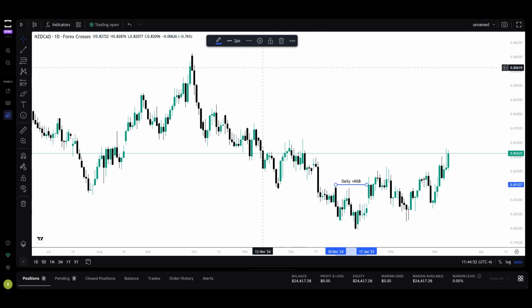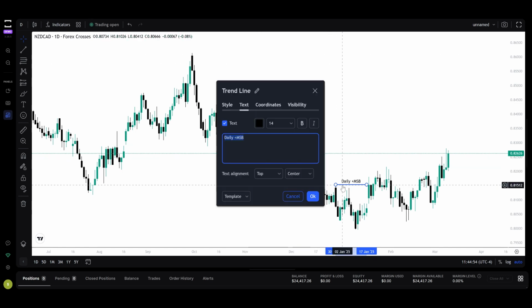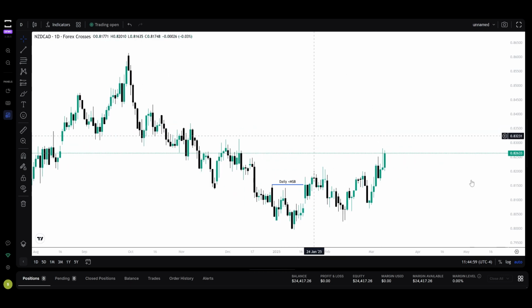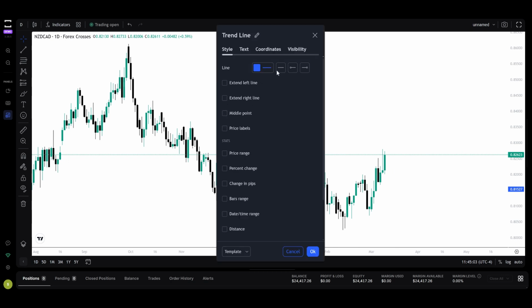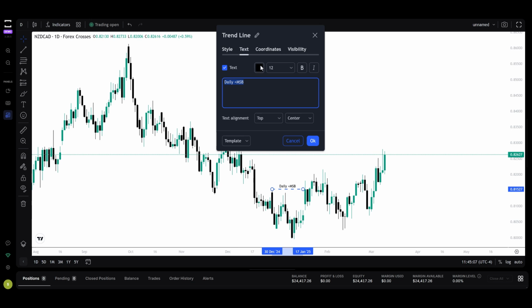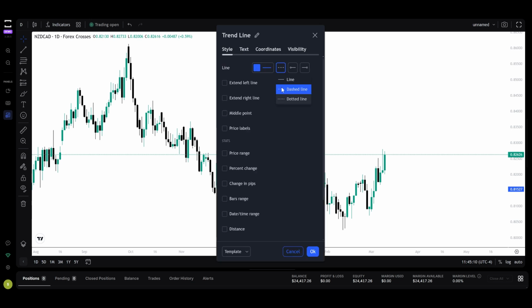And let's decrease that font. 12 is fine. And I'll make it a dash line to indicate that it's a break.